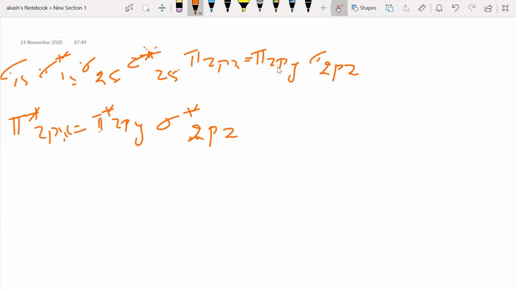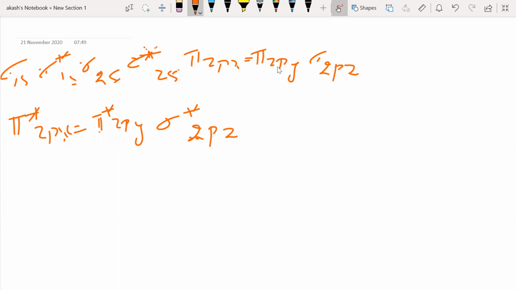Okay, so this is the order in which you have to fill the electrons. Start with sigma 1s, sigma star 1s, sigma 2s, sigma star 2s, pi 2px equal to pi 2py, sigma 2pz, pi star 2px equal to pi star 2py, and last sigma star 2pz.